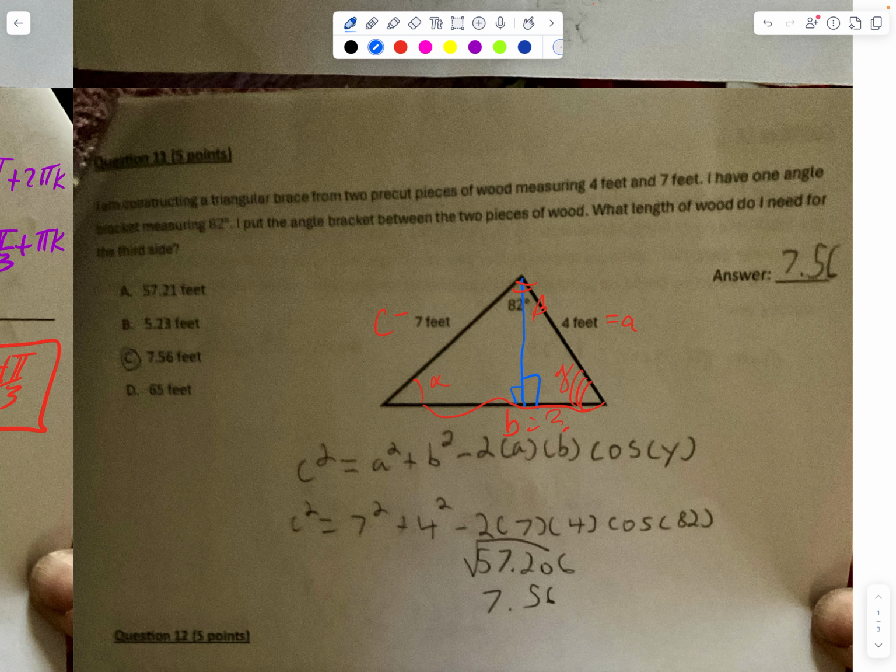Let's see, what all do we have? A is 4. B is what we want to find out. C is 7. We don't know alpha. We do know beta. And then we don't know gamma.